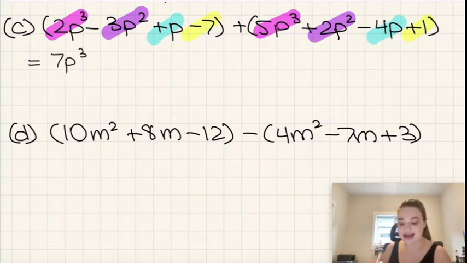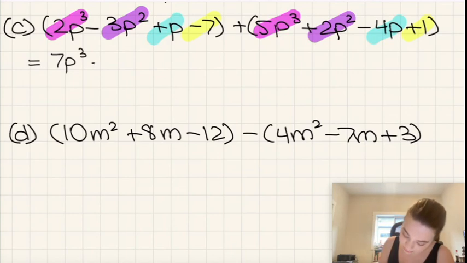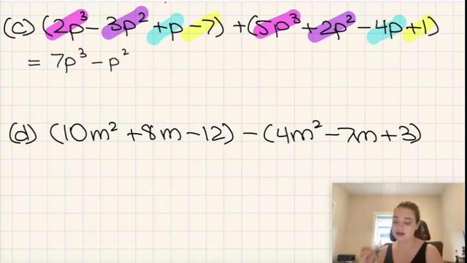Then the purples, we have negative 3p squared and plus 2p squared, which is going to end up being negative p squared, because recall that 2 minus 3 is negative 1, and negative 1p squared is just the same as negative p squared.